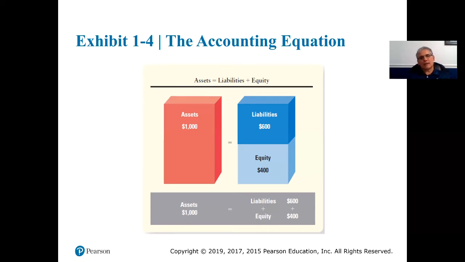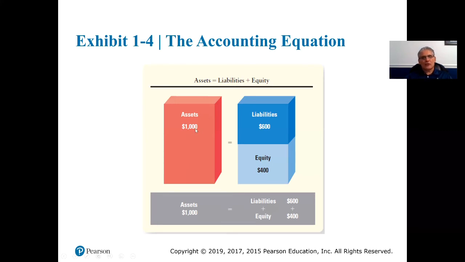Equity now can be defined as the ownership claim against the asset. So how do we see that a little more clearly? Well, if you have assets of $1,000, and those assets may include cash, they may include equipment. It's only $1,000, so it can't include too much.